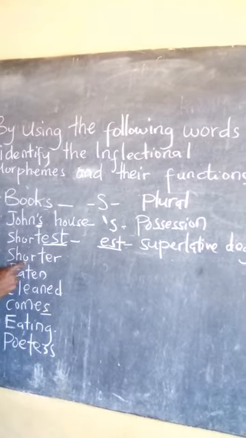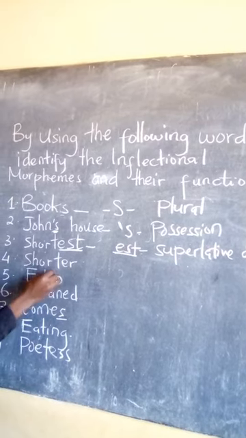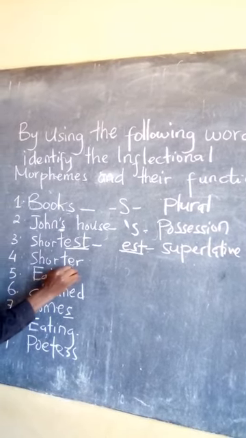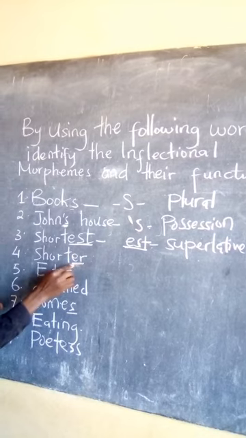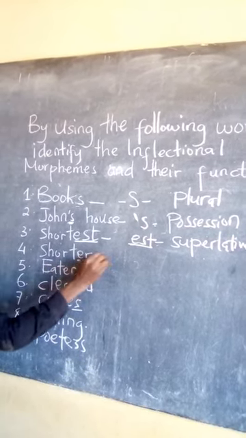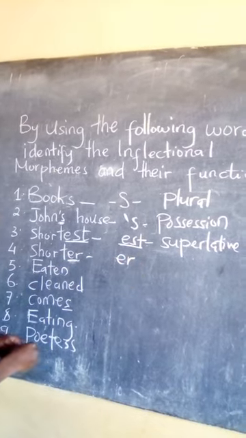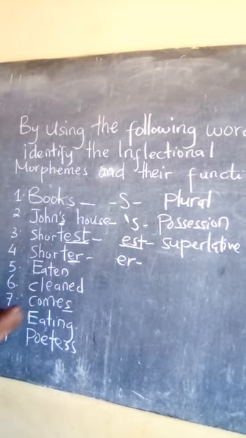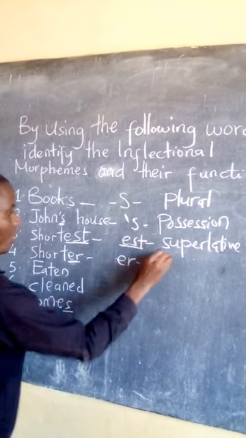Now another word is shorter. In the word shorter, the affix here is er. The function of this one is to show comparison.